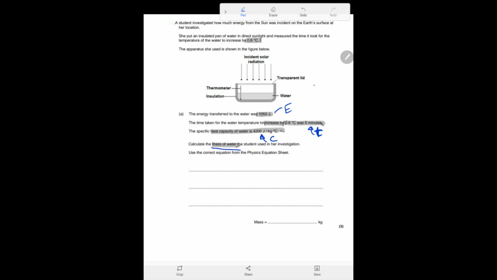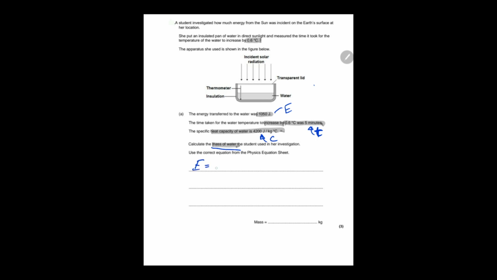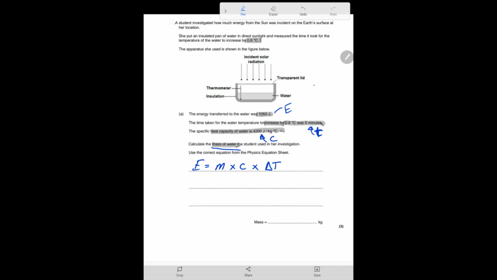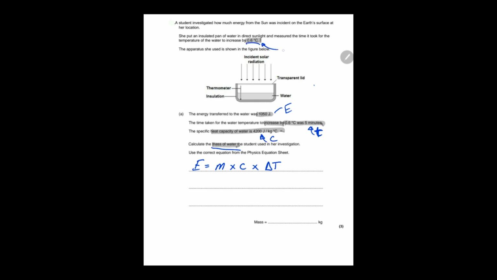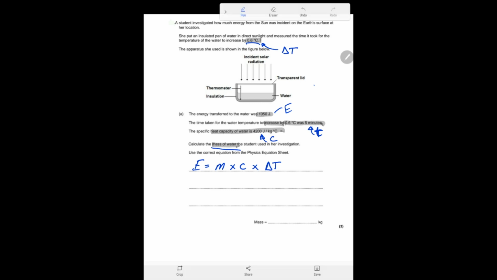So there's a change in temperature, and I have E, c, and the temperature change, and I want to work out m. So the equation that I'm going to be using is energy is equal to mass times specific heat capacity times the change in temperature. And here is my change in temperature, because it's increased by 0.6 degrees.